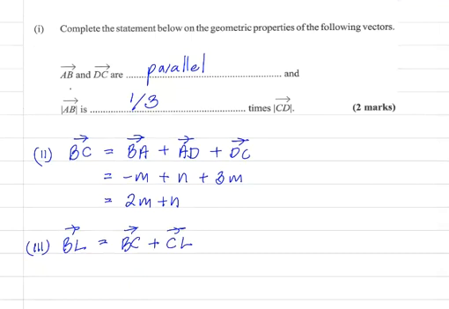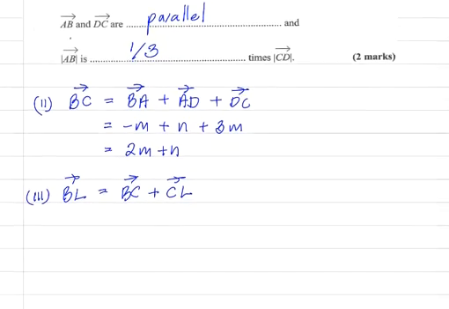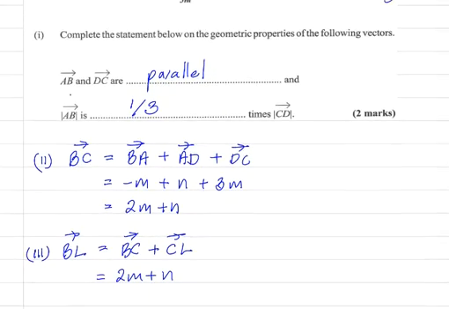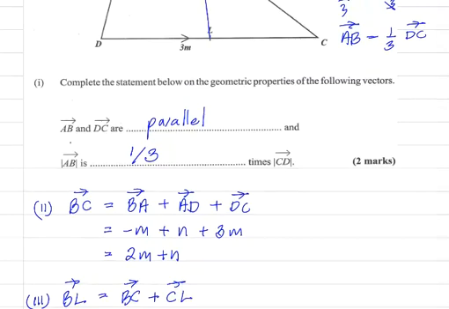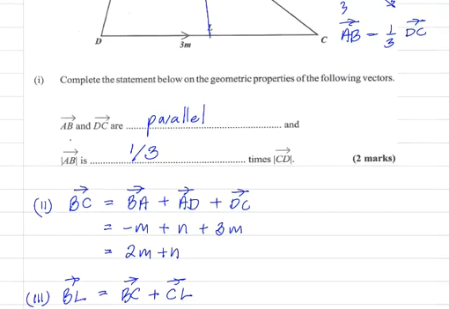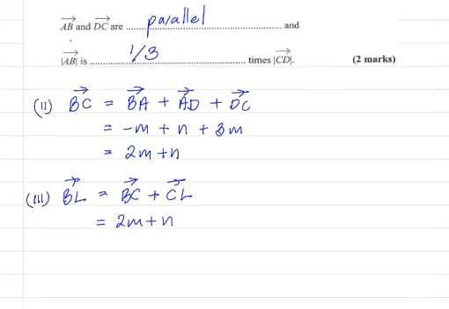BC we already found to be 2M plus N. Next is CL. CL is a half of CD, so this is plus a half of CD.